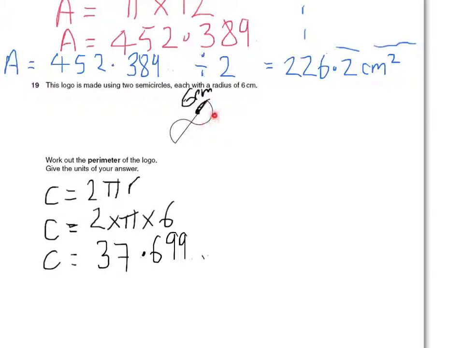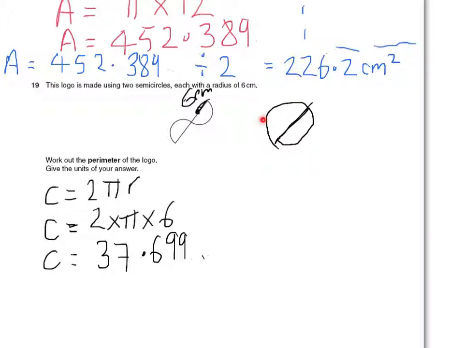But this section is also exactly the same length as this section. If we push these two semicircles together, you'll notice it makes a complete circle. So we don't need to bother halving the circumference, because we need the whole part to make the complete circle.